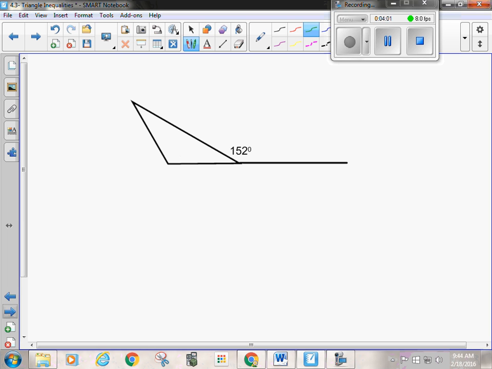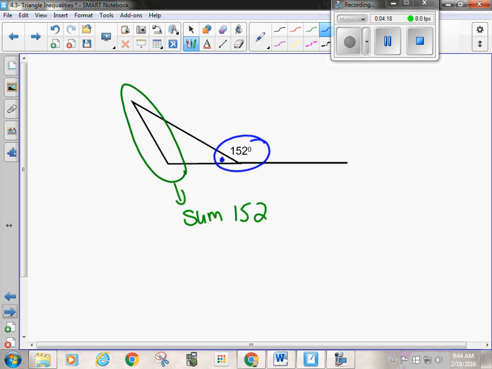My two remote angles are these ones, and their sum is going to be 152 when I add them. We know this because triangles add up to 180, and so this angle here and this angle are also 180. So we know that they're going to be the same.